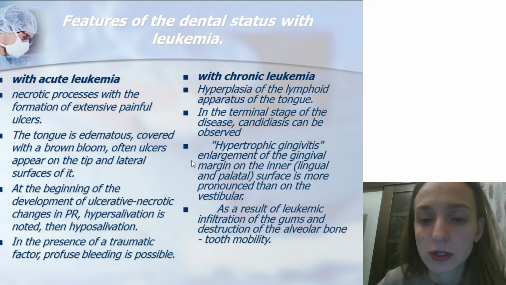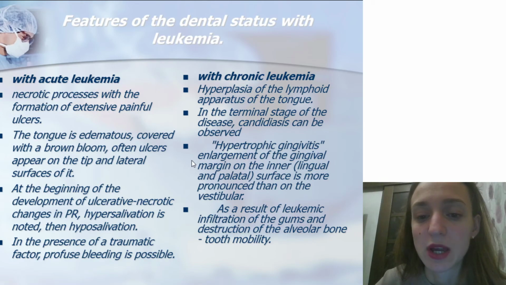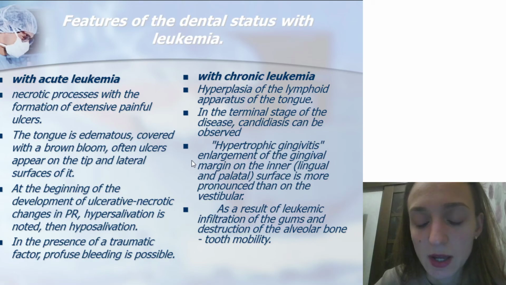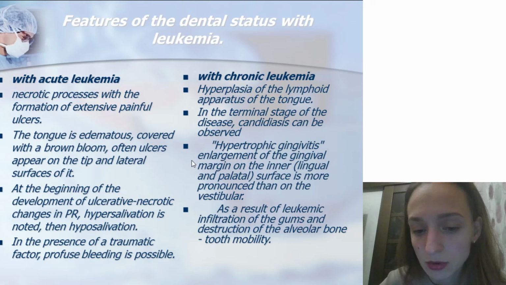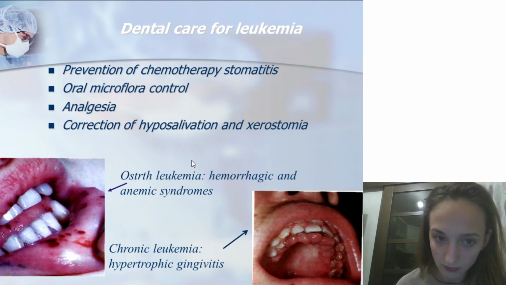And for chronic leukemia, hyperplasia of the lymphoid apparatus of the tongue; in the terminal stage of the disease, candidiasis can be observed. Then, as a result, leukemic infiltration of the gum and destruction of alveolar bone and tooth mobility.